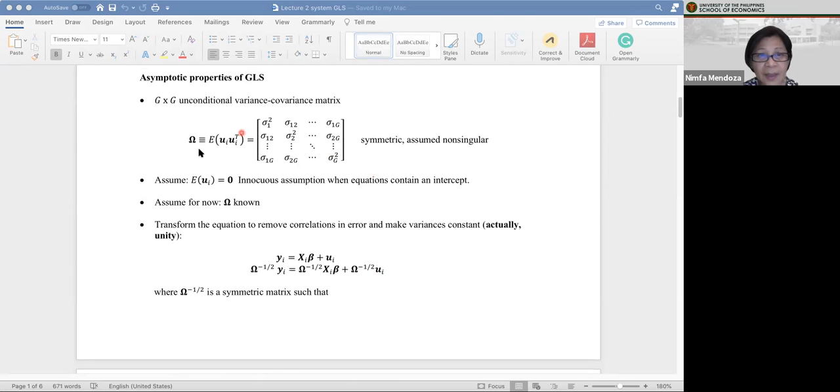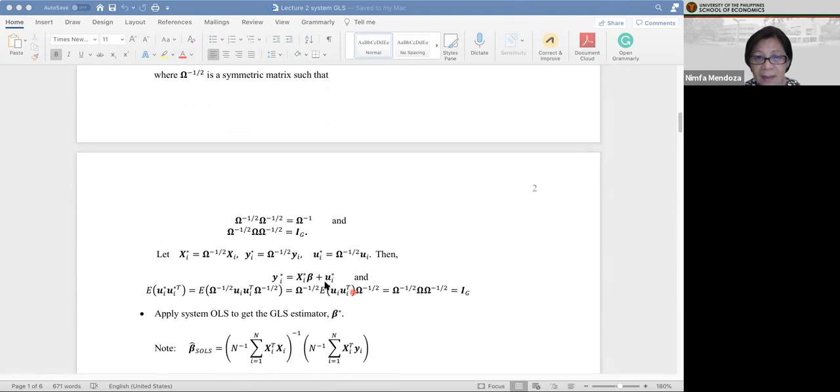Note that we have it here. It is omega. So this expected value is omega. So we get this expression. But the way we define omega to the minus 1/2, this is just this. So we get the identity matrix. So the variance covariance matrix of u sub i star would be the identity matrix.